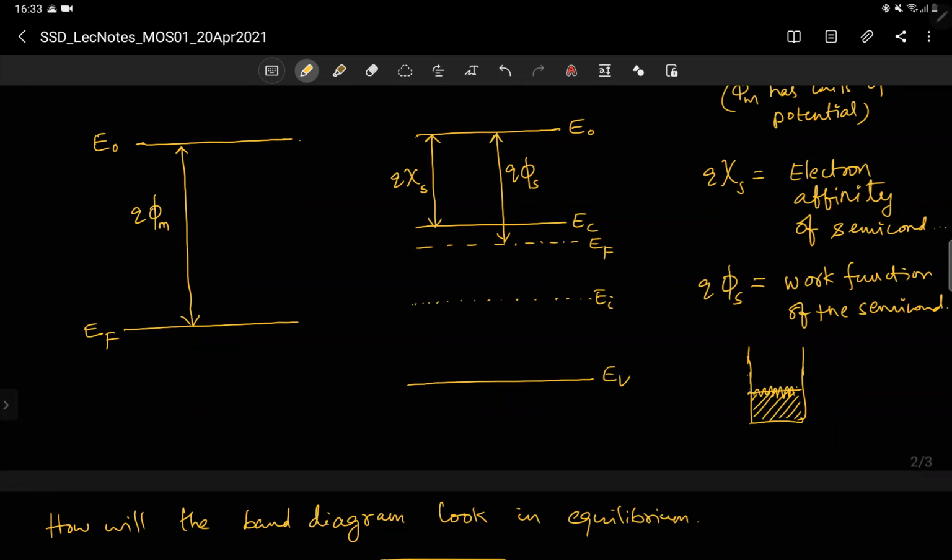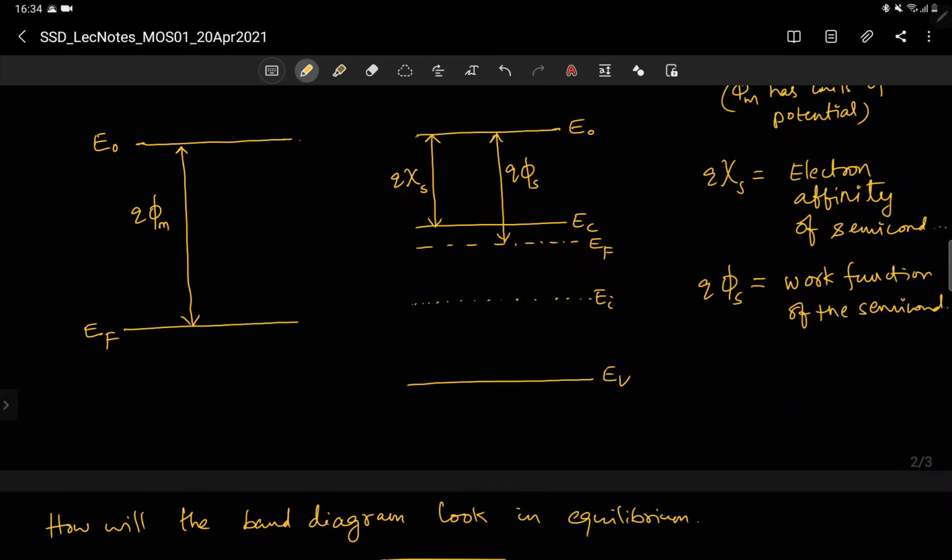Similarly, in metal, electrons are slightly jumping and coming down around the level EF, and if you want to take an electron out of the metal into the vacuum outside, that is what is called the work function. So the energy will be the vacuum energy level minus the Fermi energy level. That is what we see here: E naught minus EF gives you the work function.